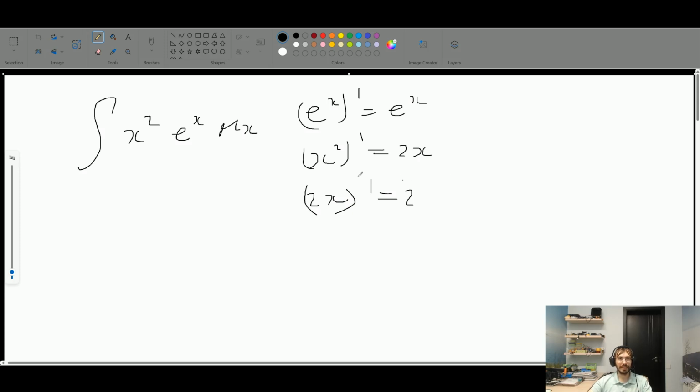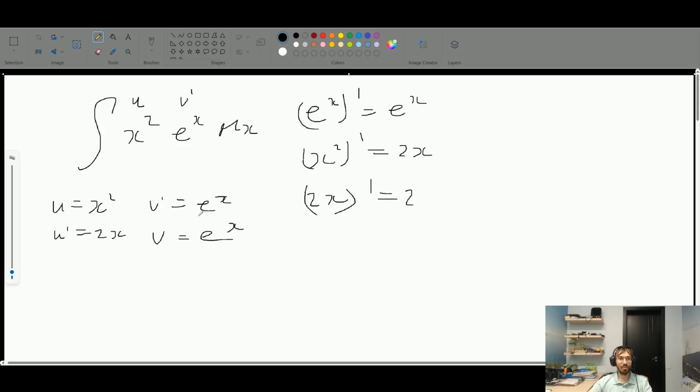This tells us that we can take x squared as u, and e to the power x will be v dash. And again, let's write it down here. So u equals x squared, u dash will be 2x, v dash equals e to the power x, and v then is still e to the power x.